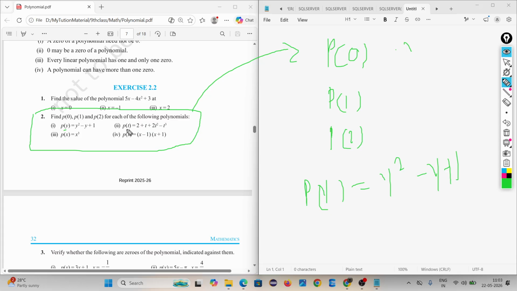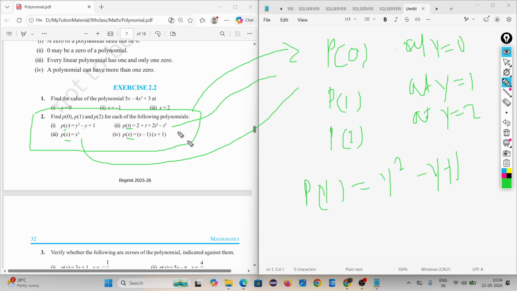It can be p of y, p of t, p of x. Here p of 0 means you have to find the value at y equal to 0, at y equal to 1, and at y equal to 2. Same for the second, third and fourth polynomials.